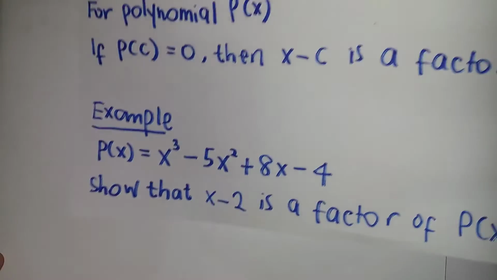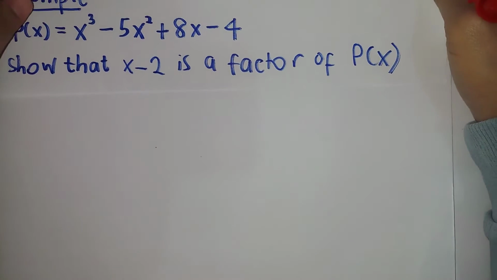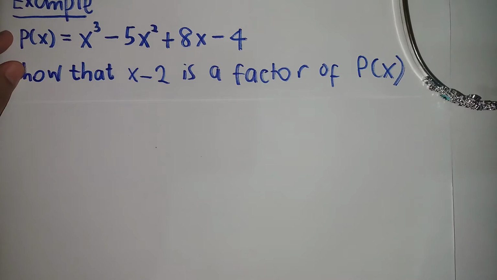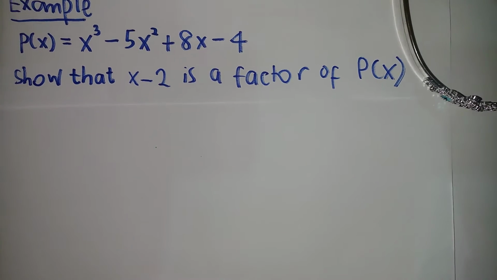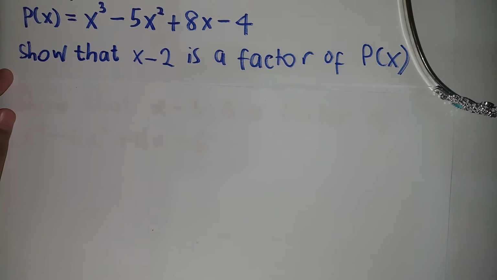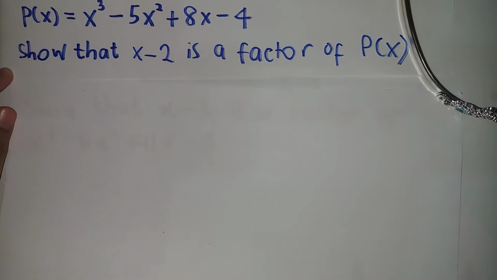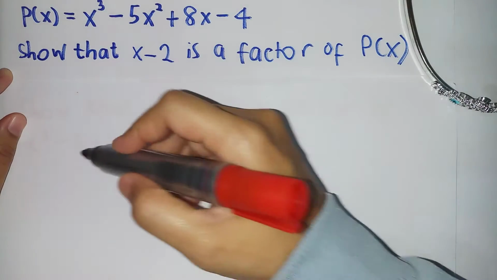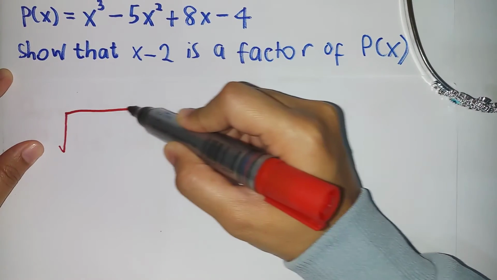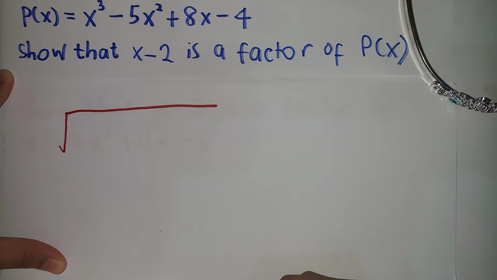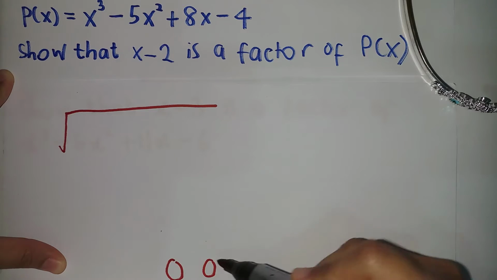Okay, so this is the question. So the first method, I'm going to show you the long division method first. When you want to show that x minus 2 is a factor of P(x), you need to do the long division method, and you need to make sure that you end with 0 down here.